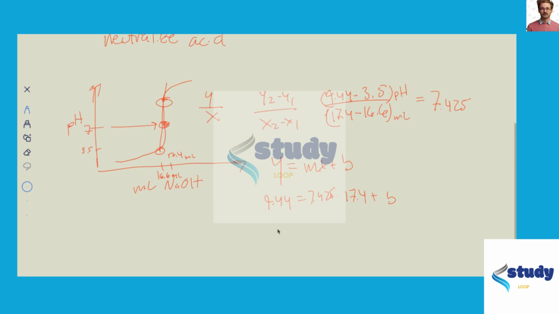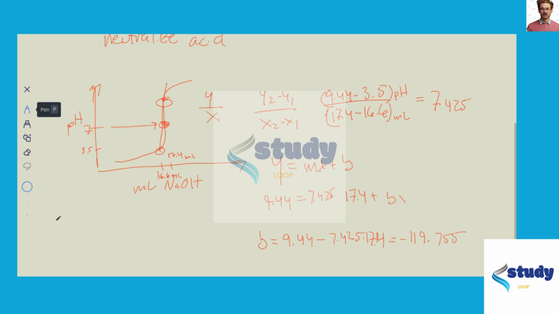So b equals 9.44 minus 7.425 times 17.4, and we get negative 119.755. Okay, so that's b.